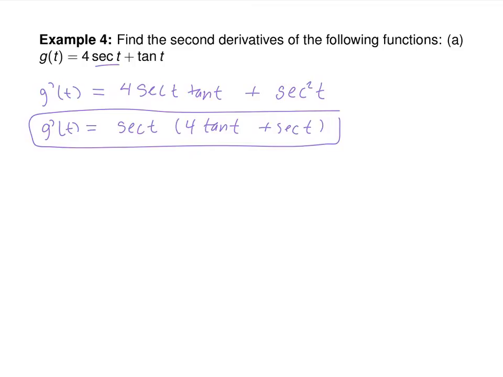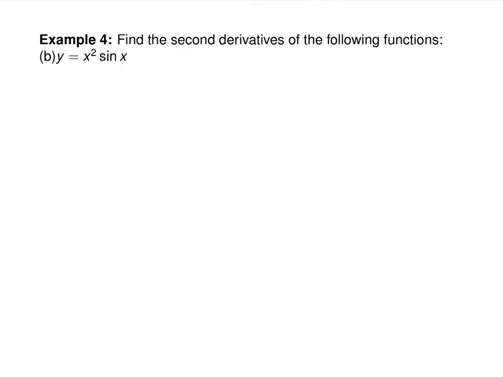Is that all right? What rule will you have to use on this guy? Product rule, yep. So y prime will be, first differentiate x squared, you get 2x. Leave the sine alone.